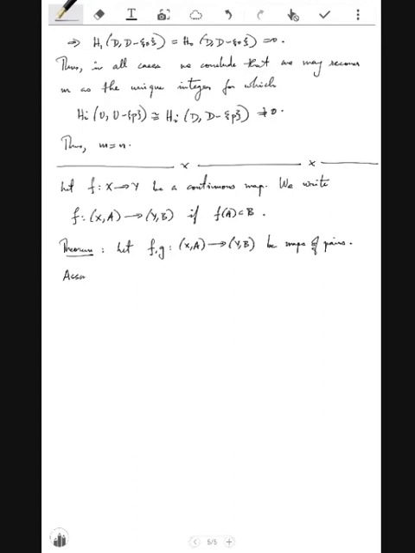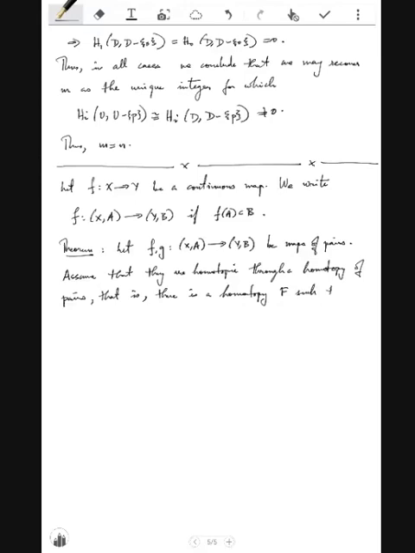Assume that they are homotopic through a homotopy of pairs, that is, there is a homotopy F such that each Ft is a map of pairs from (X, A) to (Y, B).